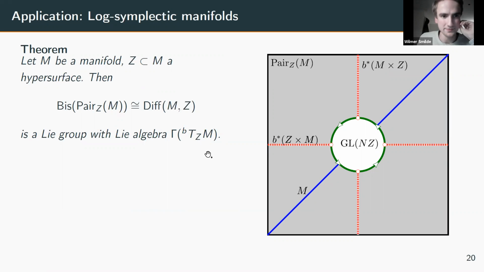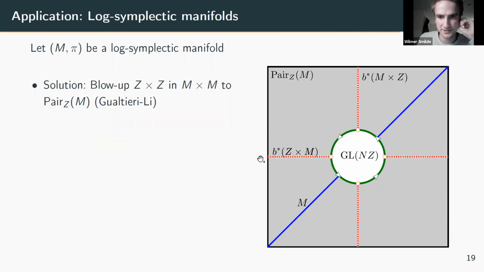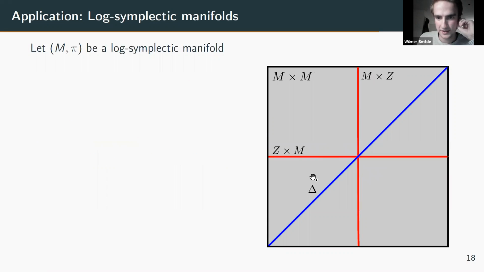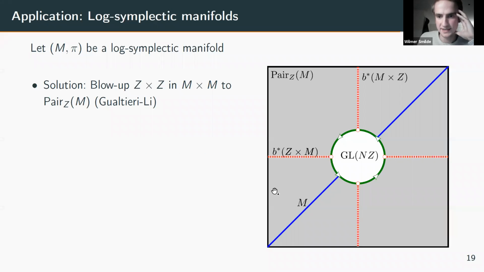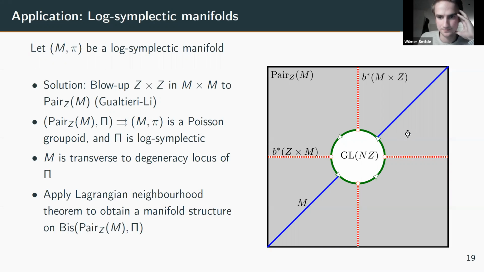So you can maybe see this a little bit. If you have a diffeomorphism that preserves the hypersurface, then its graph must go through this normal crossing. This means that it lifts to the blow up, and we get a bisection on the blow up.